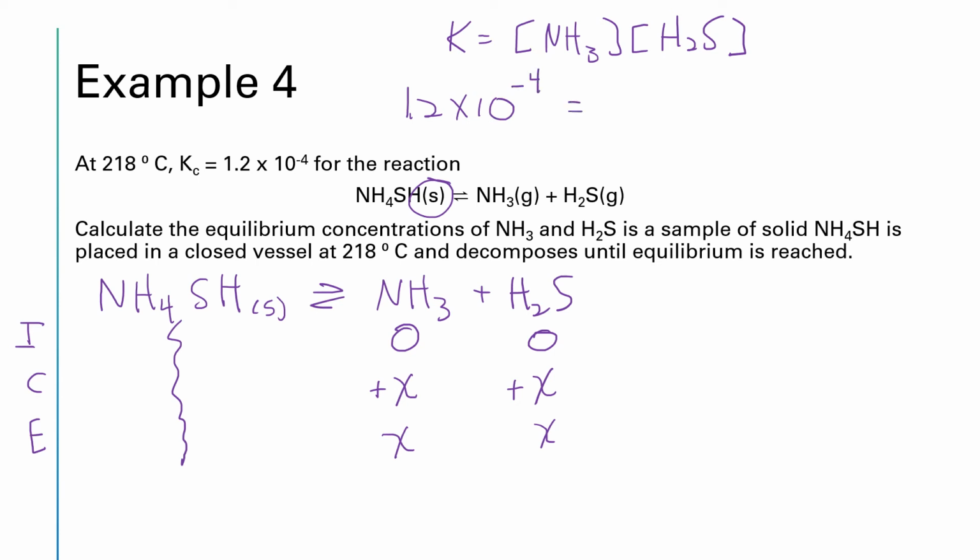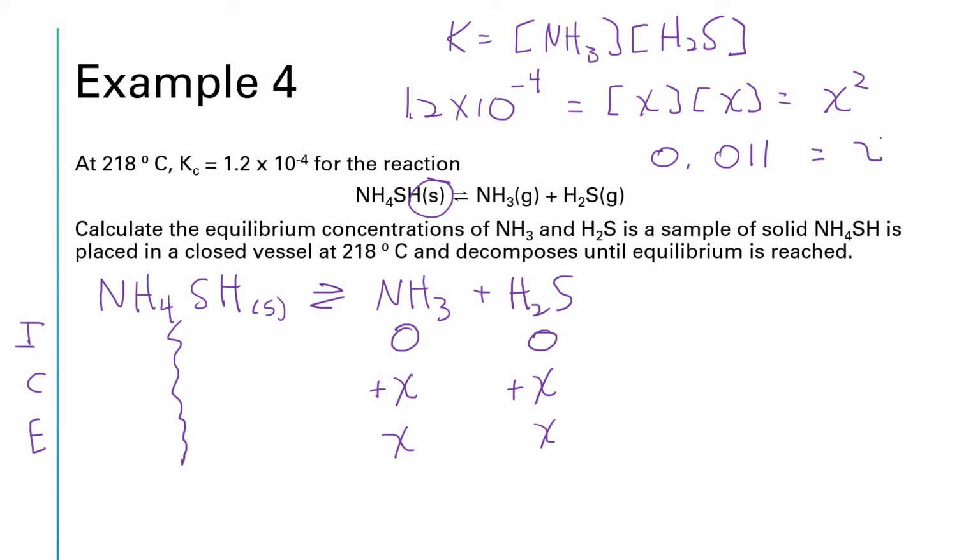Notice that K is a Kc, so that means that these concentrations will be in terms of molarity. And for ammonia, I have x, and for H2S, I have x, so that'll be equal to x squared. If I take the square root of both sides, over there on the left-hand side, I'm going to have 0.011 if I write it in regular notation and not scientific notation.